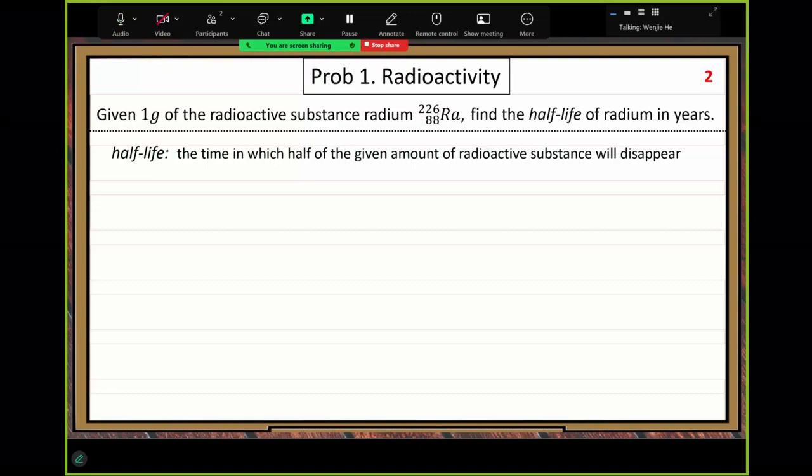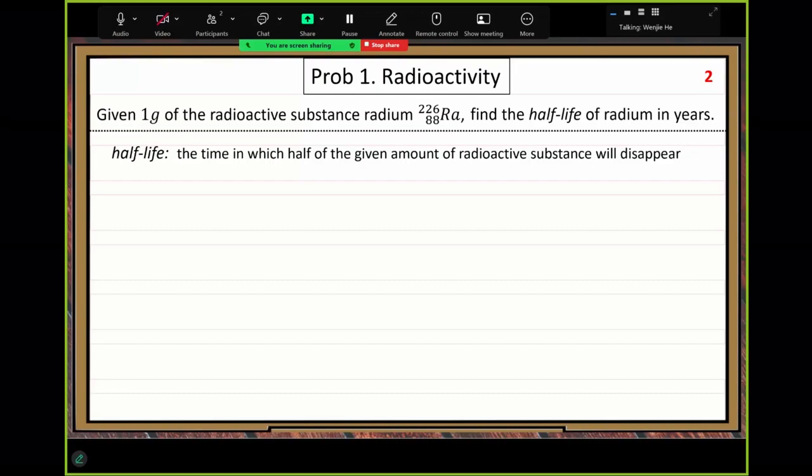Due to the radioactivity, we know the amount of radium is going down. When the time goes by, the amount of radium disappears. Disappear means it will be changed to a different substance.